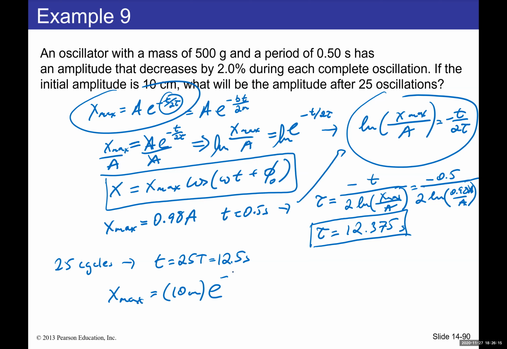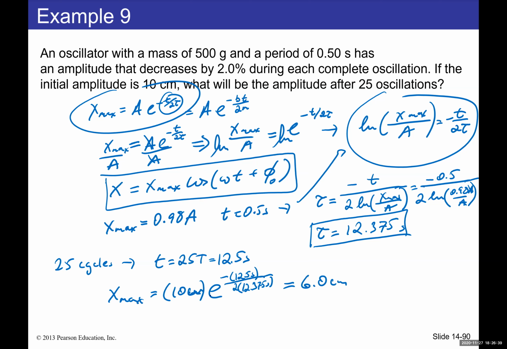So negative 12.5 seconds over 2 times 12.375 seconds, right? 2 times tau. And if I calculate this, I'm going to get 6.0 centimeters. Because I use centimeters here, I'm going to get centimeters over there.